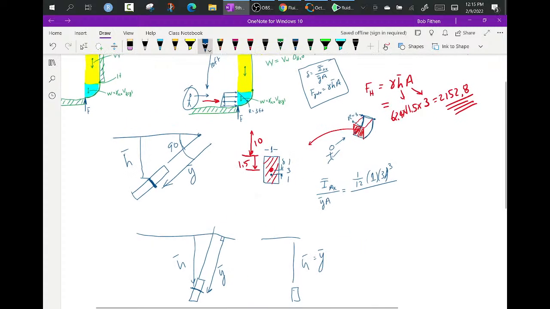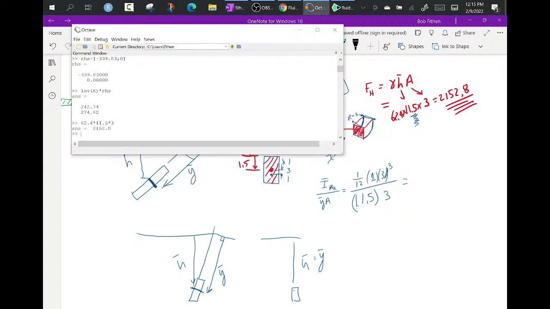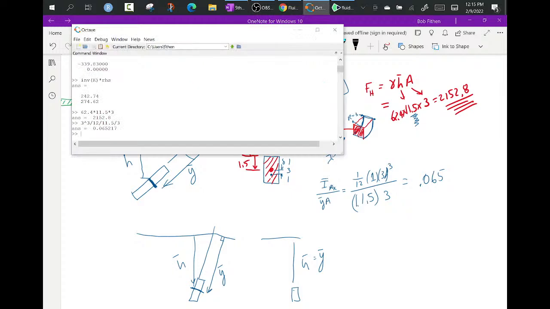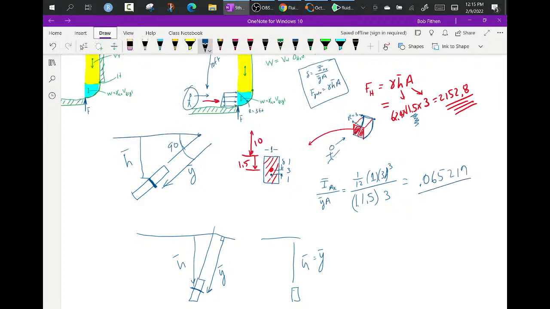So you get 11.5, which was h bar, and area is still 3. So 3 cubed divided by 12, divided by 11.5, divided by 3: 0.065, 0.06517.